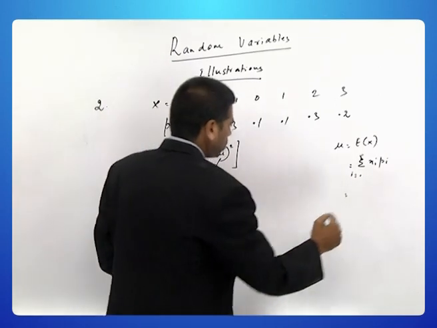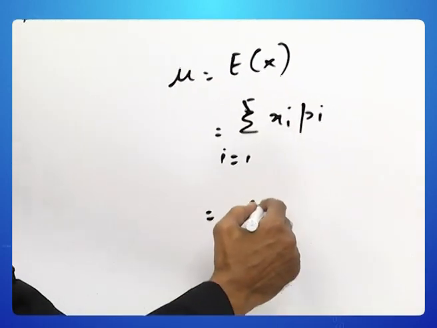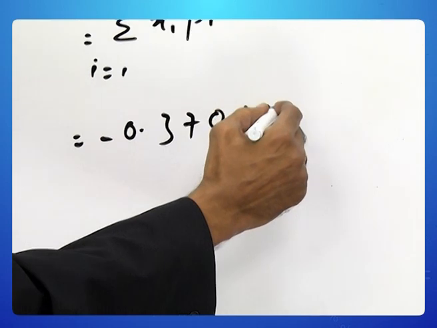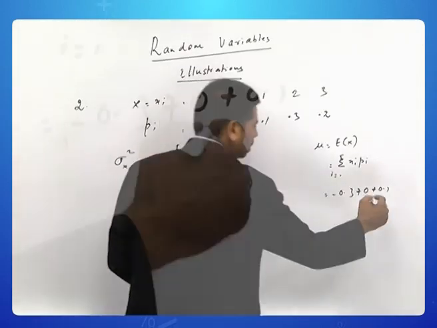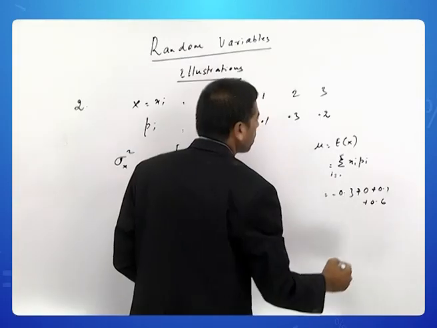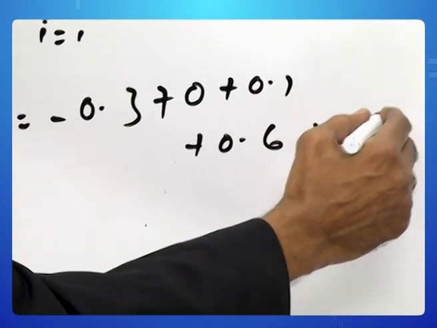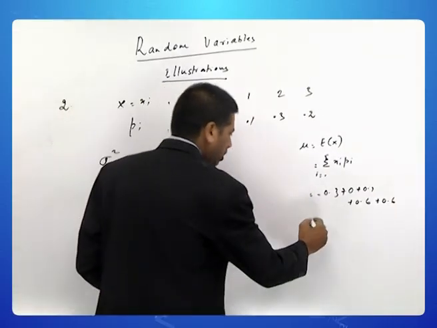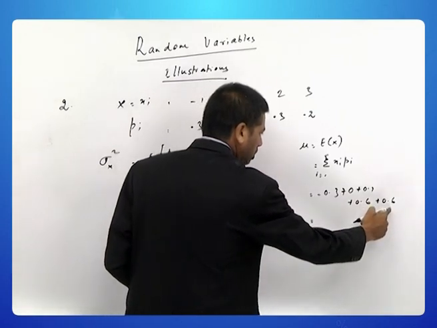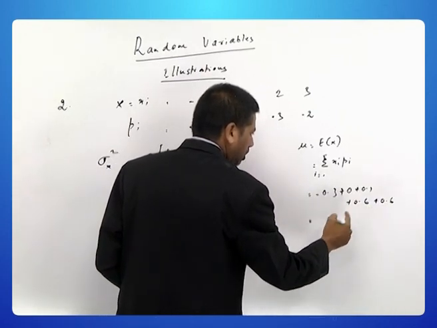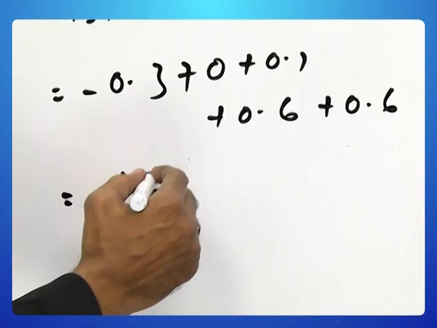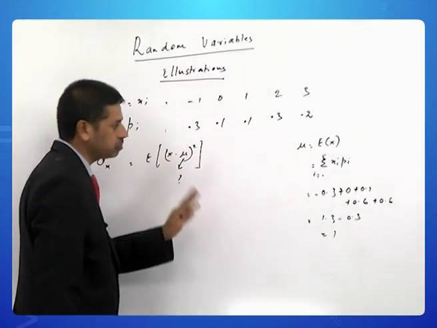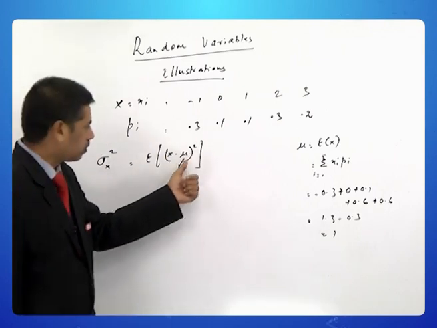Minus 1 into 0.3 is minus 0.3, plus 0, plus 0.1, plus 0.6, plus another 0.6. So 0.6 plus 0.6 is 1.2, 1.3 minus 0.3, which is equal to 1.